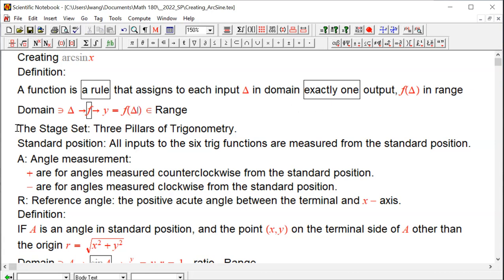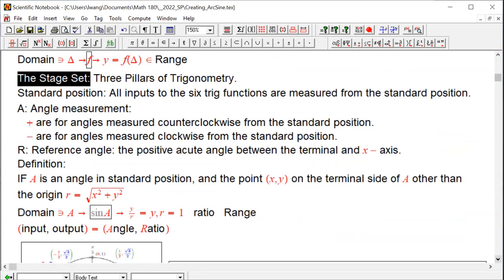As we study trigonometry, I wish to remind you that we're always on this stage set. Whenever we talk about trigonometry and those functions, we are on a stage set, and on this stage set we have the standard position, the angle measurement, and the definition.